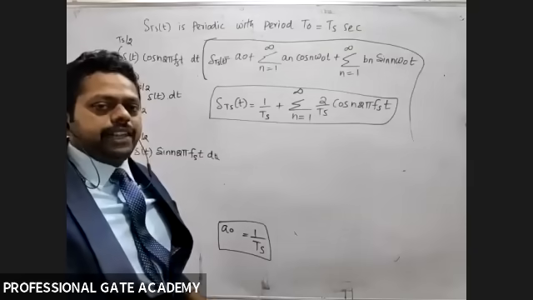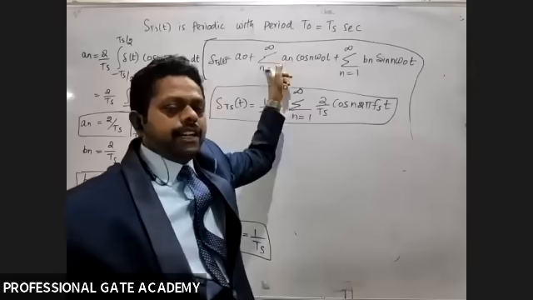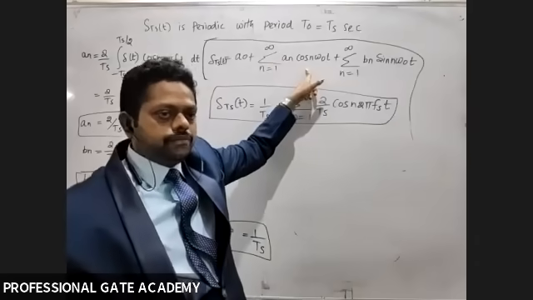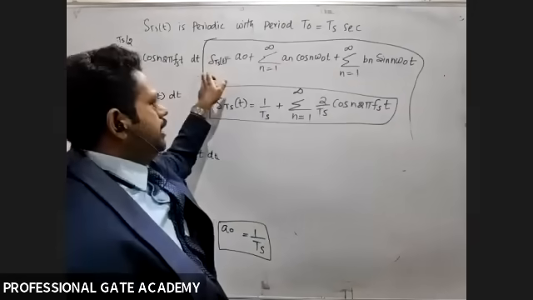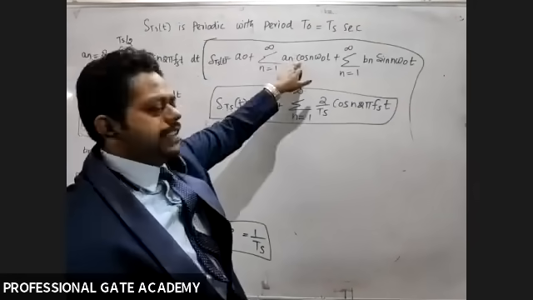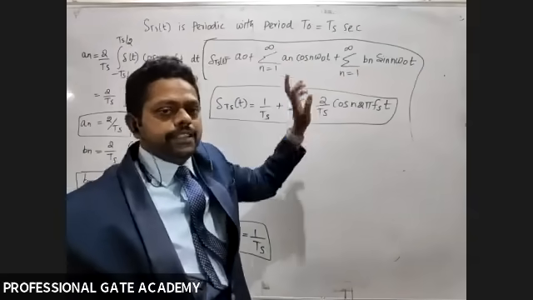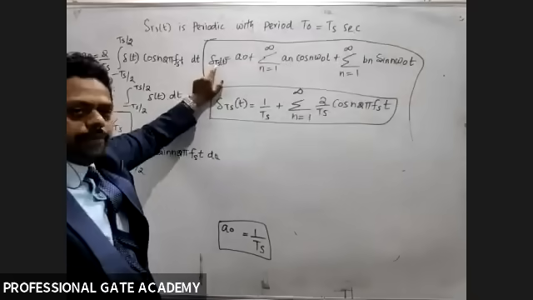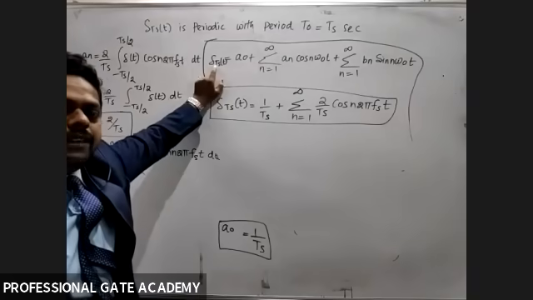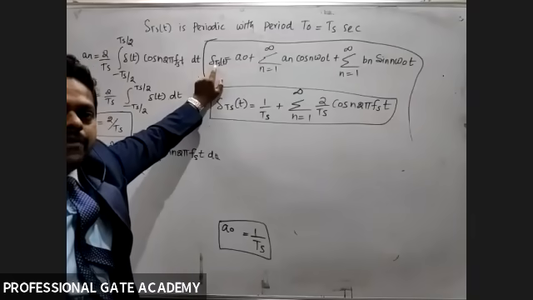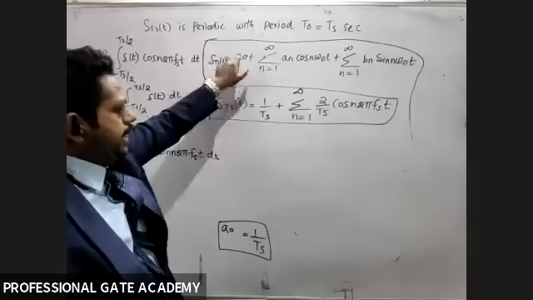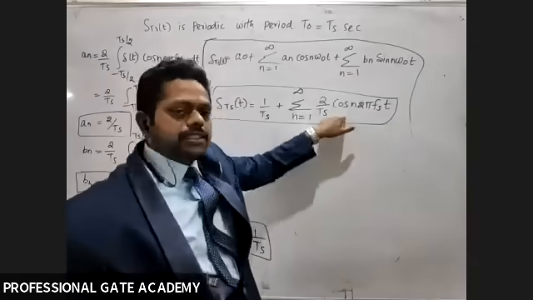For odd symmetry, the DC term and cosine terms are 0, and only sine terms are present. This del Ts of t has even symmetry, so we have only the DC term and cosine terms. Sine terms are 0.